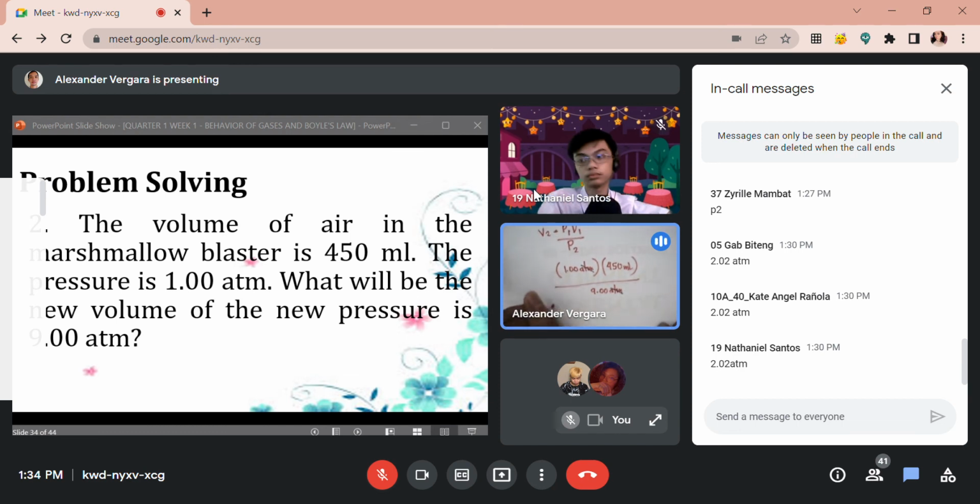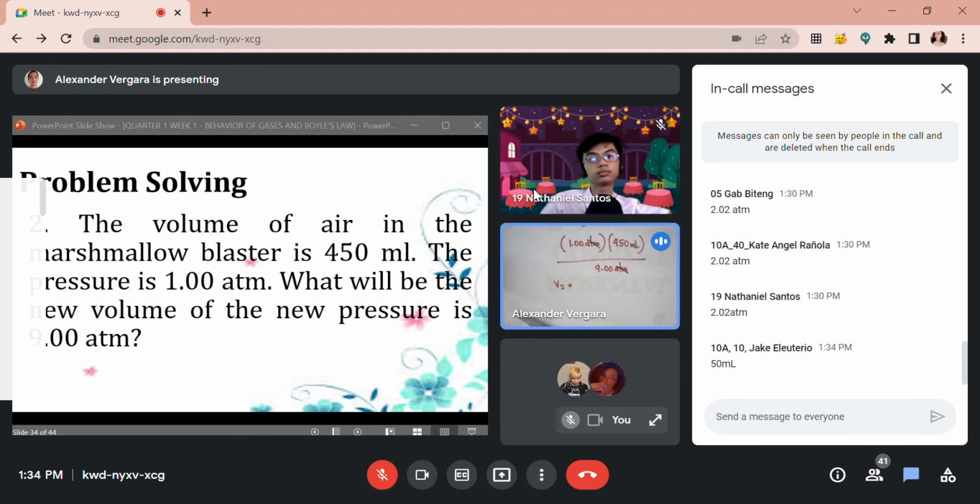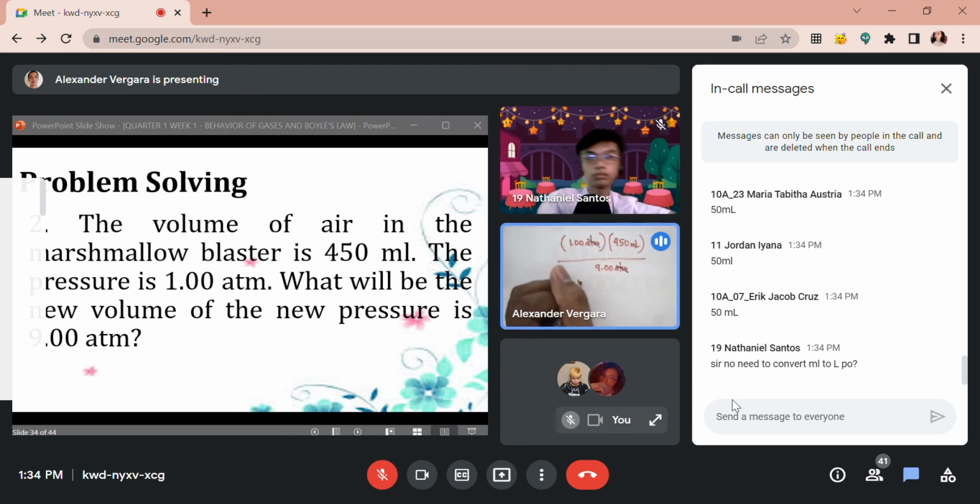What will be the value of V2 now, or the new volume? Compute. You can type your answer in the chat box. 50 ml according to Jake. And 50 atmosphere to Francesca, maybe a typographical error in the unit, because we already canceled the atmosphere. Remember? Most of you got the answer 50 ml.